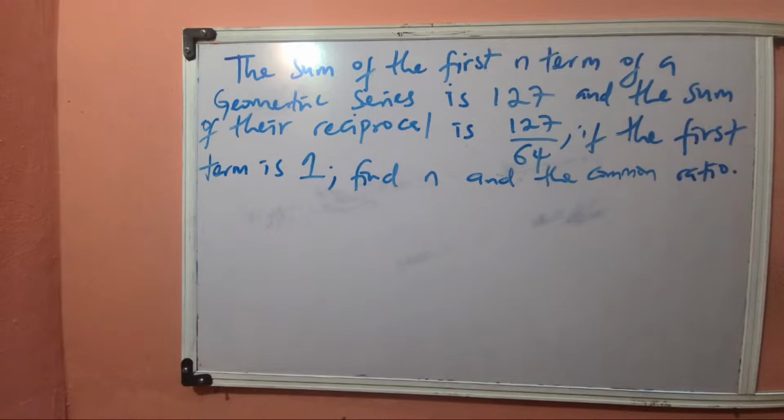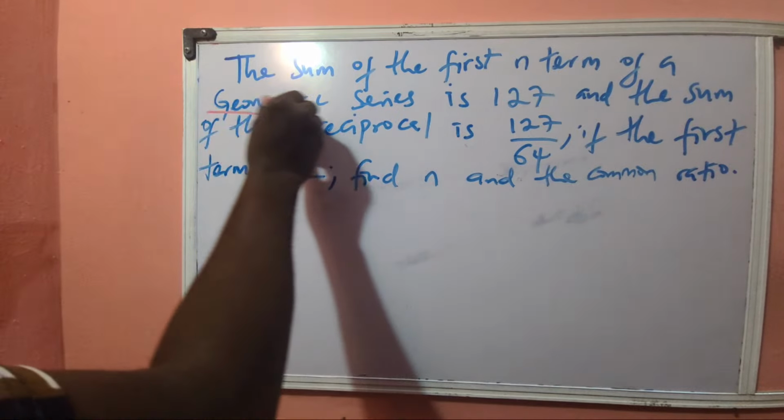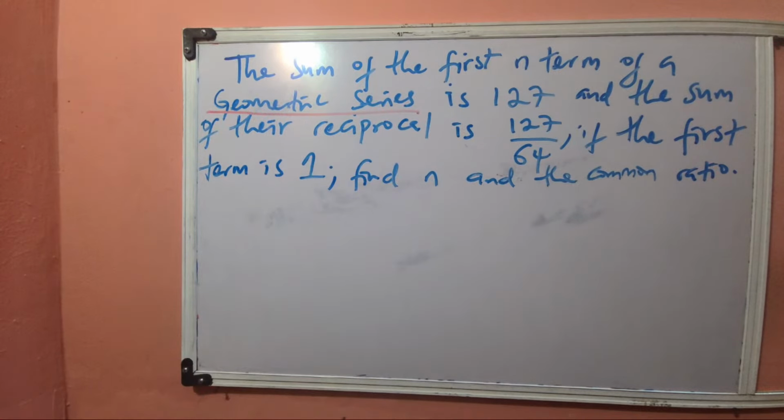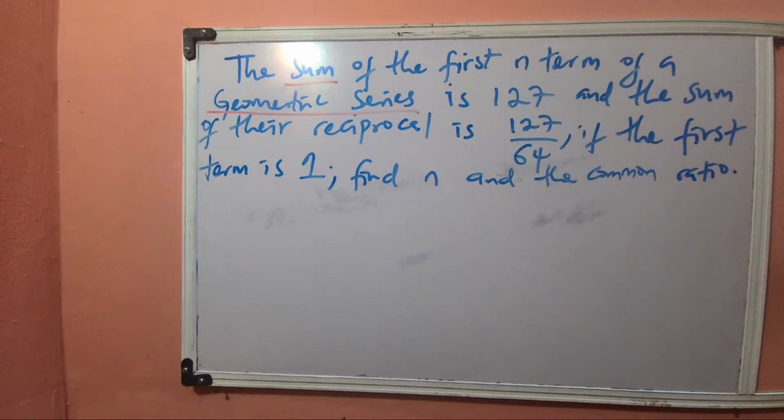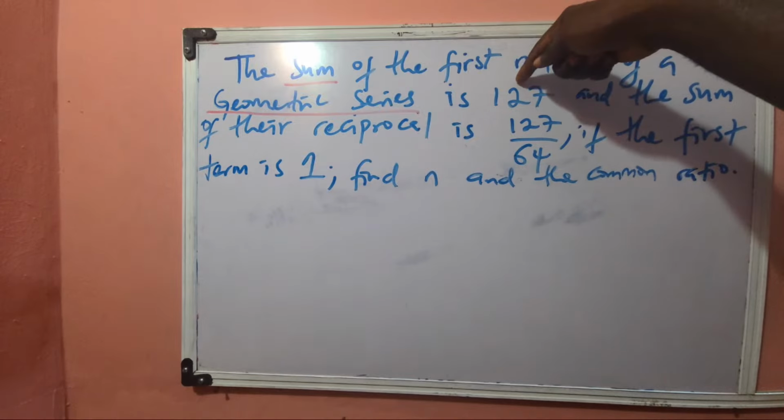The very first detail that was given us is that the sum of the first n term, pay attention to the word here, a geometric series. And we're told that that sum is given by 127.